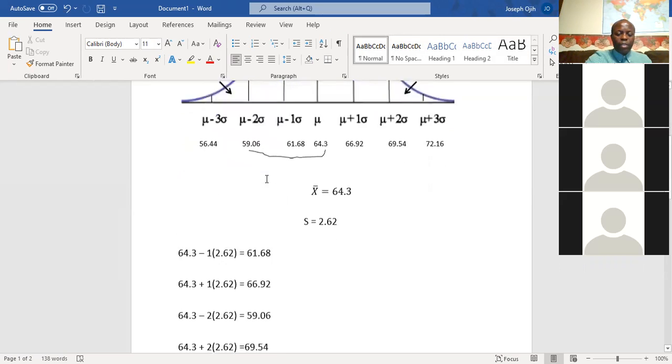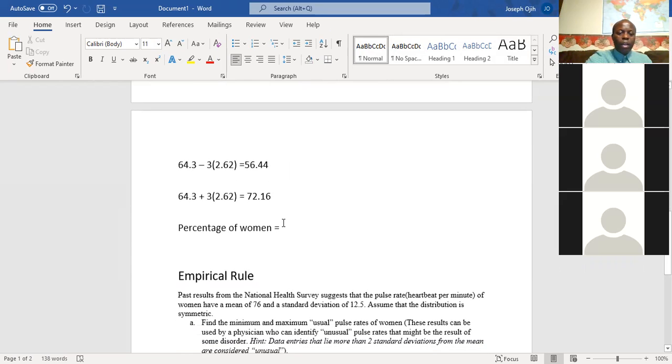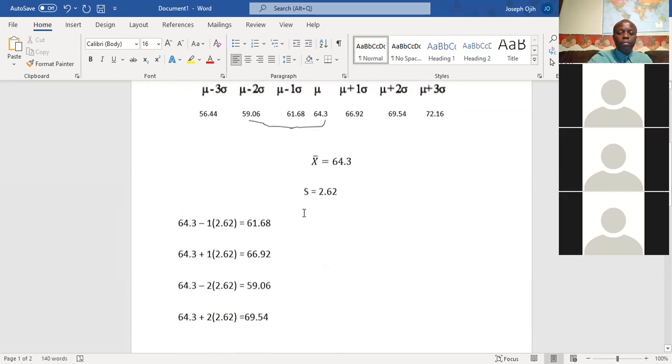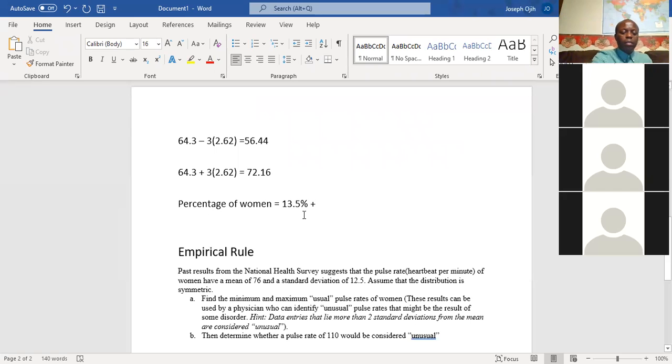So you have 13.5% plus, for this part from here to here, 34%.